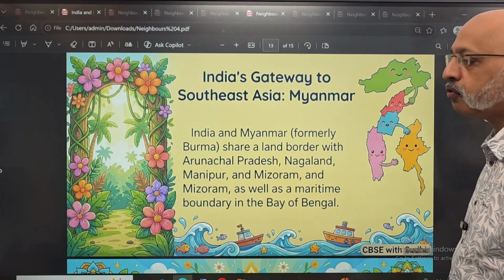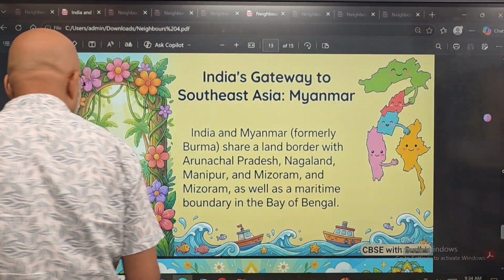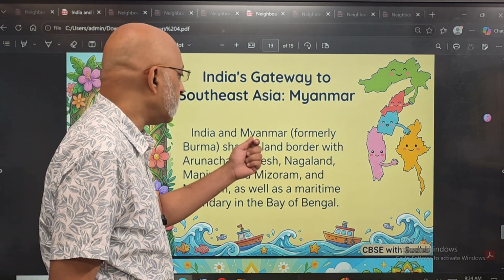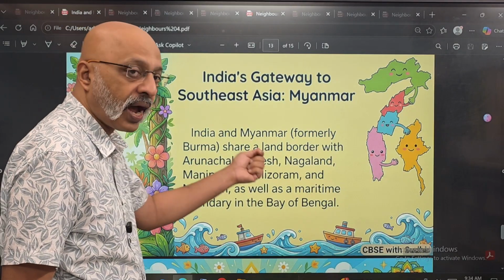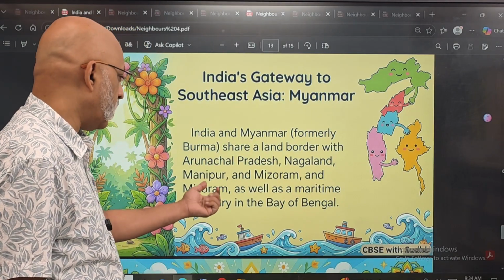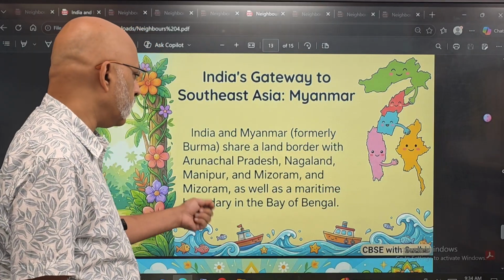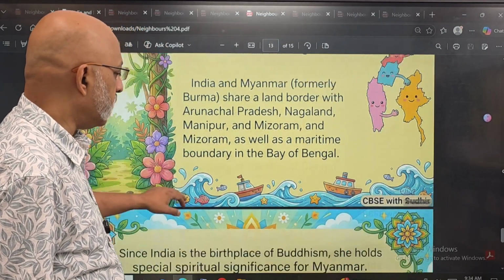Let's now quickly move to the other country, which is in Southeast Asia, which is Myanmar, which was earlier known as Burma. Now, India and Myanmar share a land border with Arunachal Pradesh, Nagaland, Manipur, and Mizoram, as well as a maritime boundary in the Bay of Bengal.